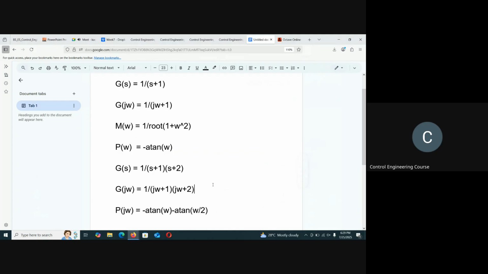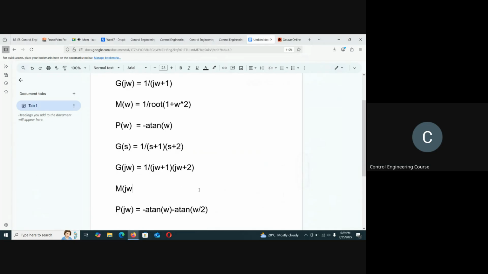The magnitude is 1 by square root of 1 plus omega square into 4 plus omega square, the entire thing.